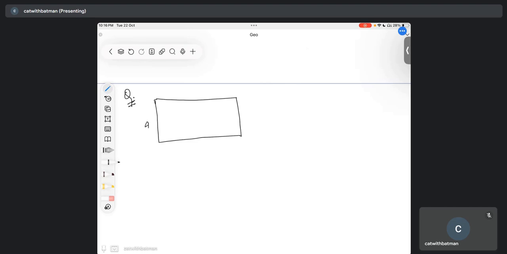This is a rectangle. The length is 40. The breadth is 50.